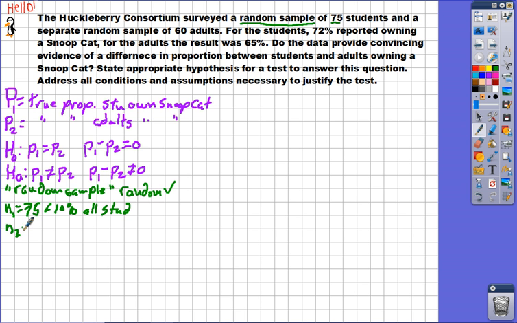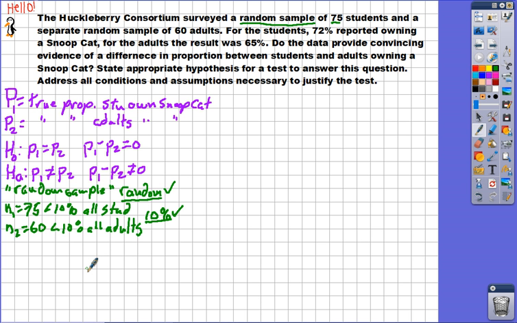Now, N2, that was 60 adults, and again, that is definitely less than 10% of all adults. Okay, so that covers our 10% condition. So 10%, check. Go ahead and underline that so we see that those are separate.